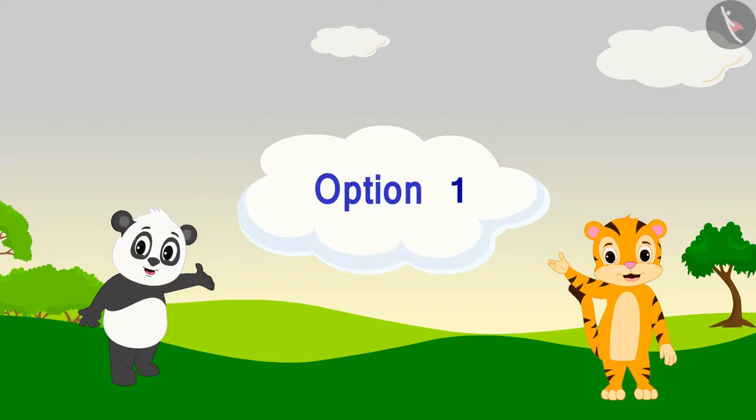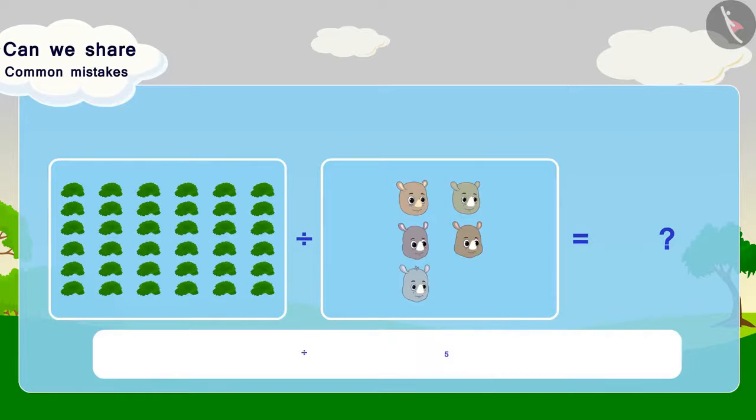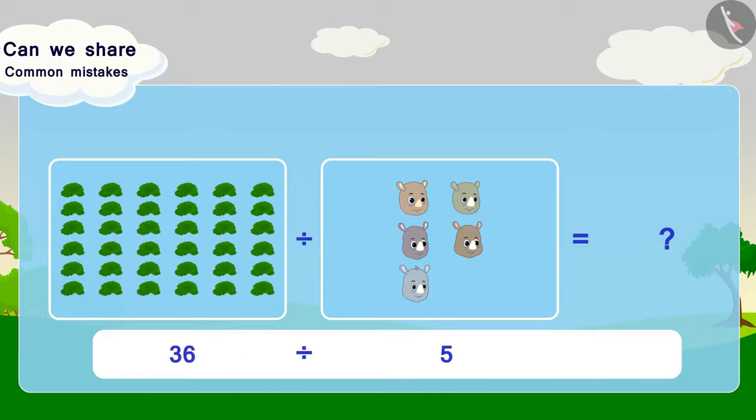Let's look at option 1. We can also write this option as 5 equal parts of 36 clusters of grass equals how many clusters per friend per part?